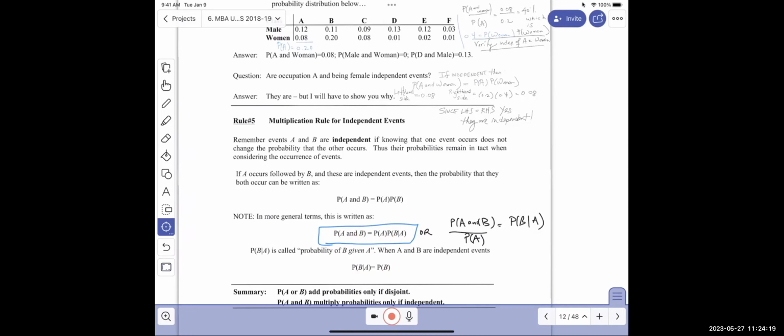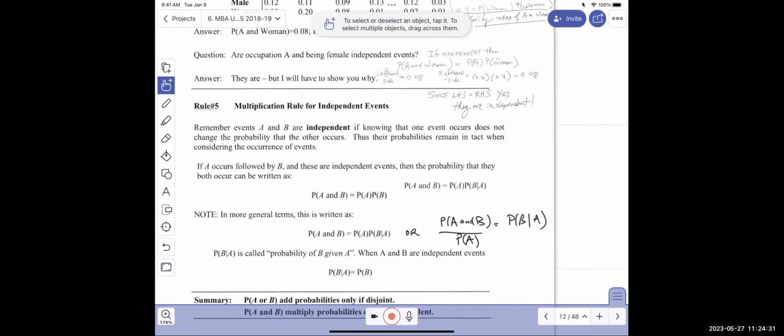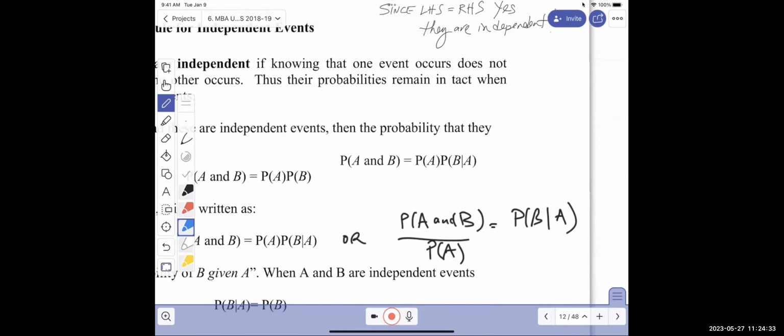That can also be extended, it can also be written like that.